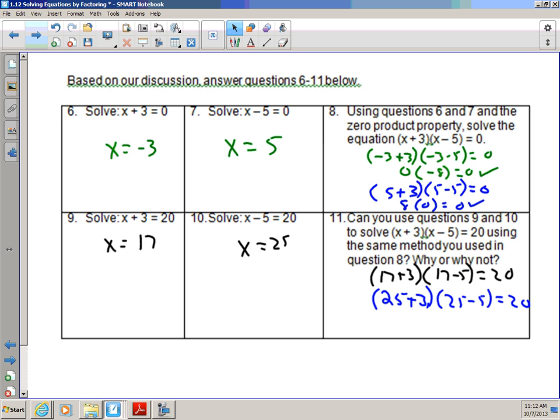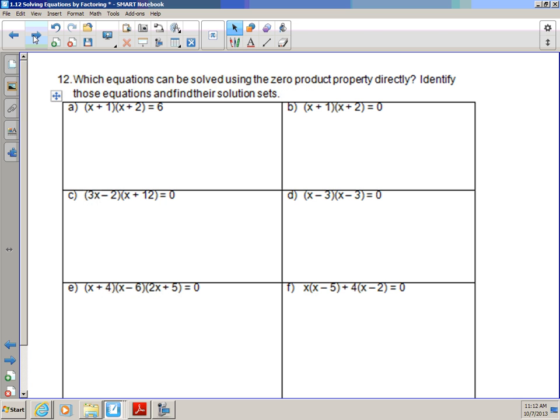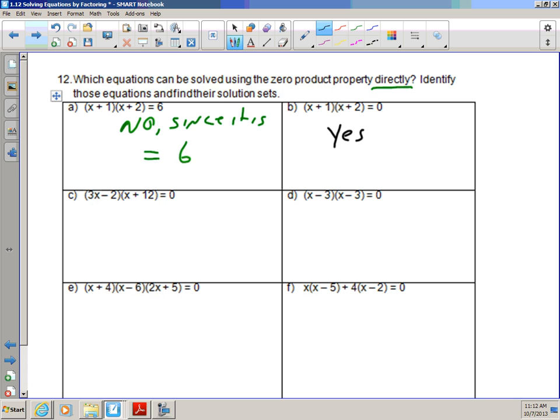So let's take a look at some examples. Which equations can I solve by using the zero product property directly? That's important here, because I can solve these other ways, but the point of this exercise is for you to see whether the equations are already trued up to be solved directly. The answer to this one is no, since it is equal to 6 instead of 0. This one is yes, it's already trued up, and I can see that x is negative 1 and negative 2.